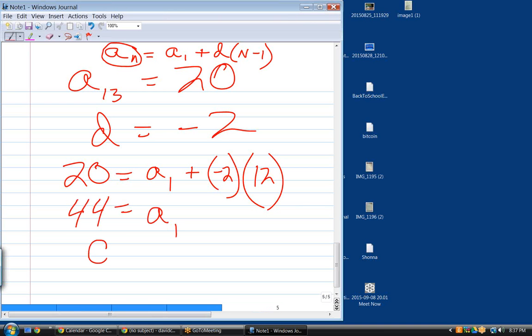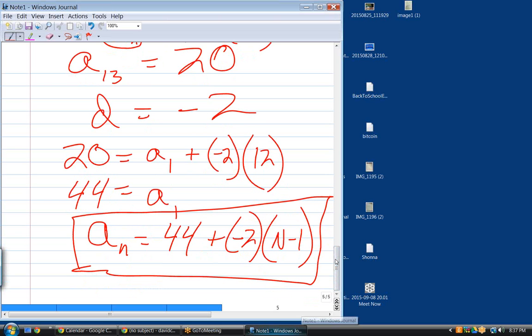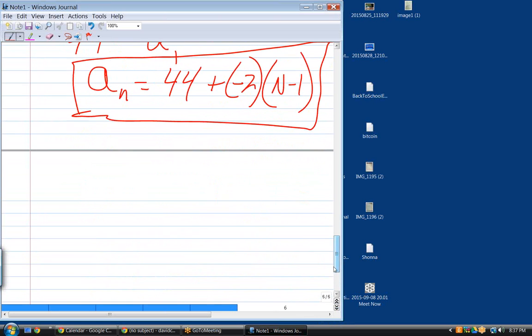Now I have my general rule: a sub n equals 44 plus negative 2 times n minus 1. And again, if this is what they're looking for, is that what the question was? Yeah, we wouldn't want to give that. We would want to simplify that. In other words, I wouldn't have to simplify that if the question was, what is a sub 50? It would be easy enough to just substitute in.